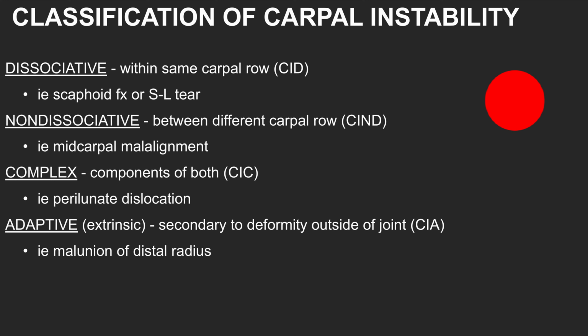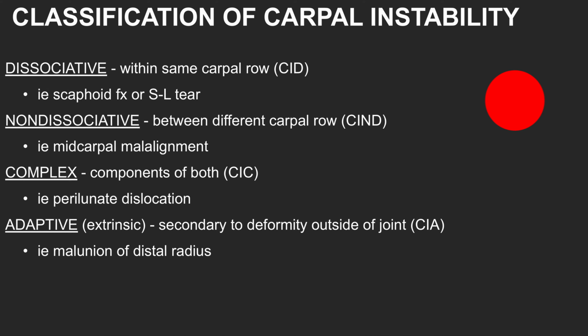One way to think about it is to look at dissociative, non-dissociative, complex, and adaptive. Dissociative is within the same carpal row. So carpal instability, dissociative, CID, for example, a scapholunate ligament tear or even a scaphoid fracture can cause carpal instability. Non-dissociative is between different rows. So mid-carpal malalignment is an example of non-dissociative.